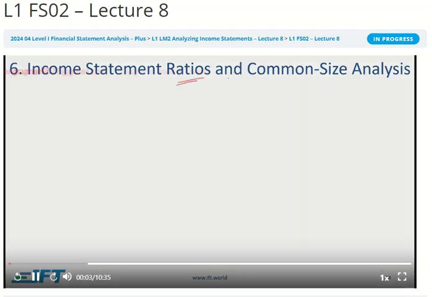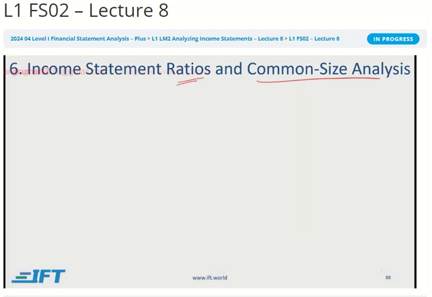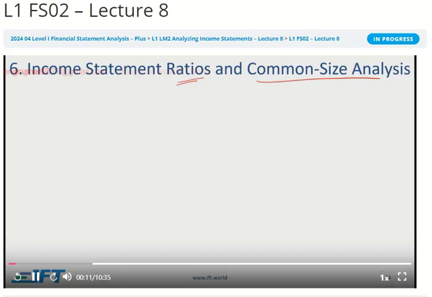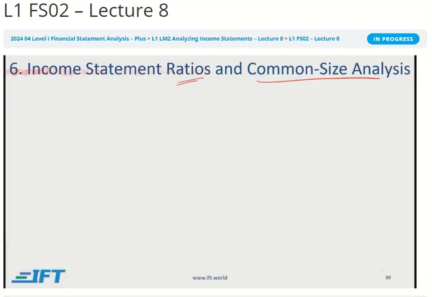Let's talk about ratios and common size analysis. When you want to compare different companies from the same industry, let's say you want to compare Apple and Samsung, because you want to invest in one of them, maybe you want to see the gross profit as a percentage of sales, which is basically a ratio called gross margin.